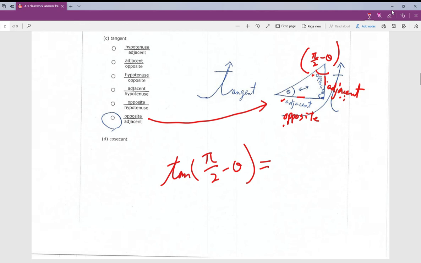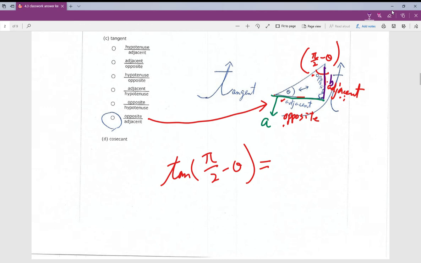I call this one A, in green, and this one B, in purple. So you don't need to worry about opposite or adjacent.